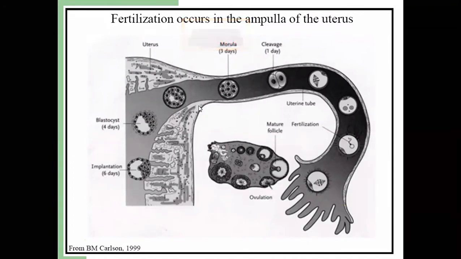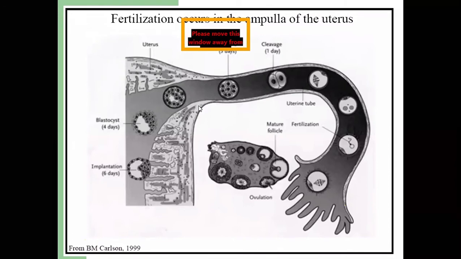And during the 5 days travel by that fertilized ovum down to the uterus, you will have now cleavage. Okay? Cleavage on day 1 will be 2 cell stage.